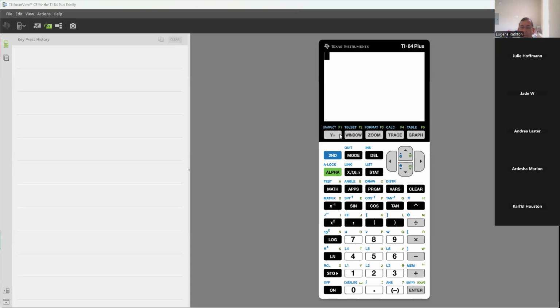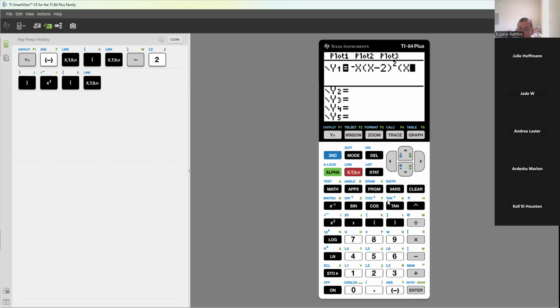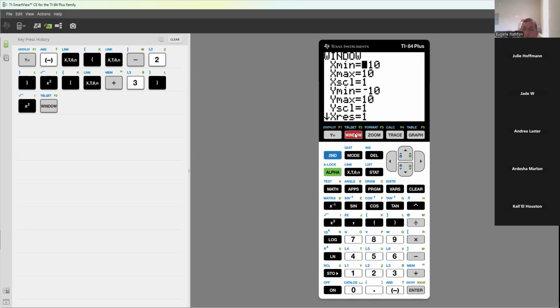All righty, y'all. So I'm going to go to y equals, and put in negative x, parentheses, x minus 2, close parentheses, and square that, and then parentheses, x plus 3, close parentheses, and square that. I'm going to go to the window.